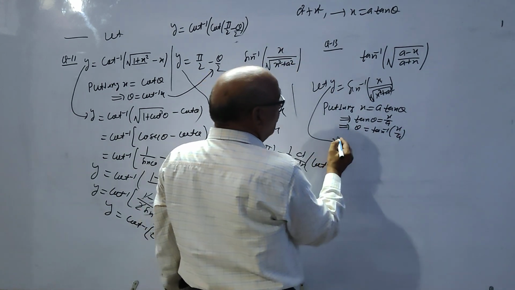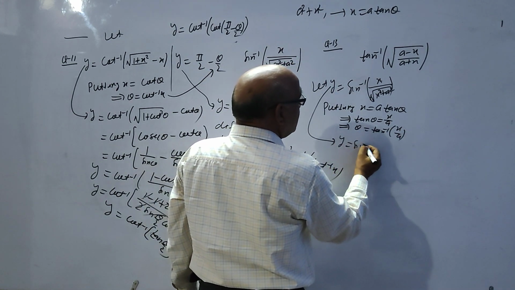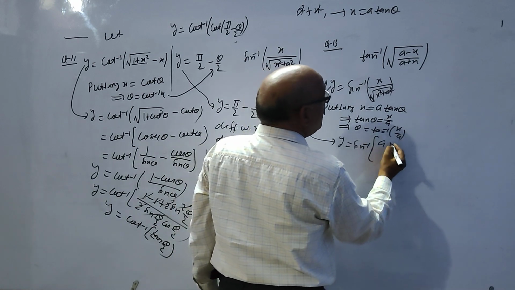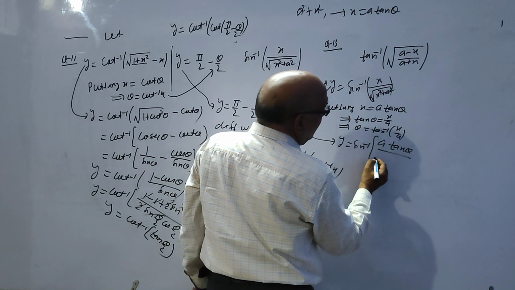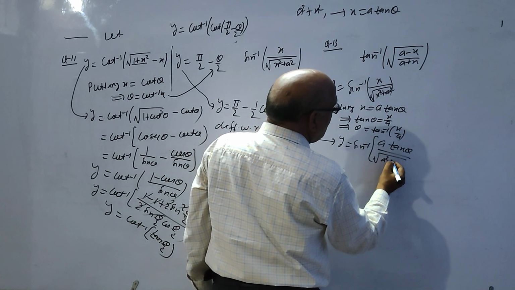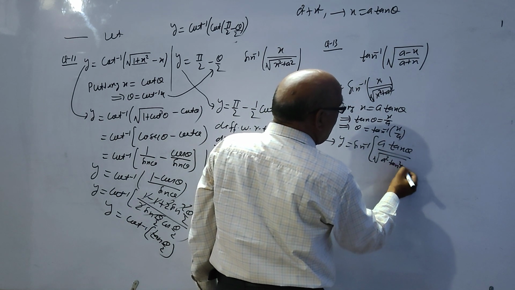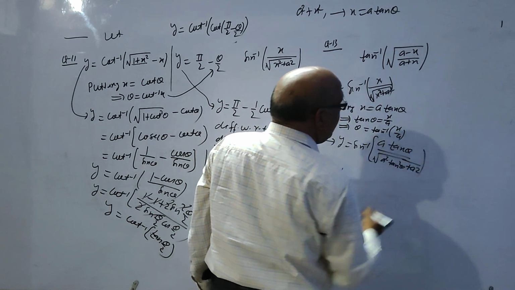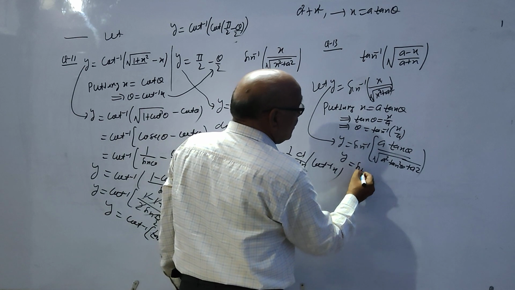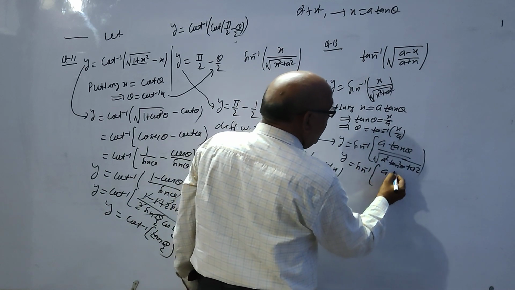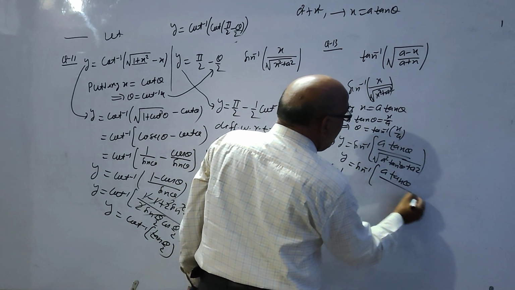Now from here y is equal to sine inverse a times of tan theta upon under root a square tan square theta plus a square. Simplify this.